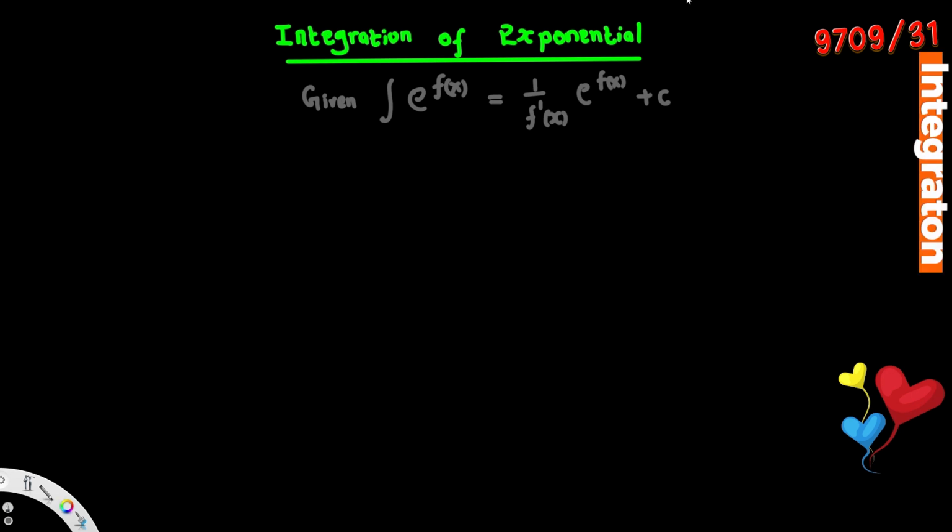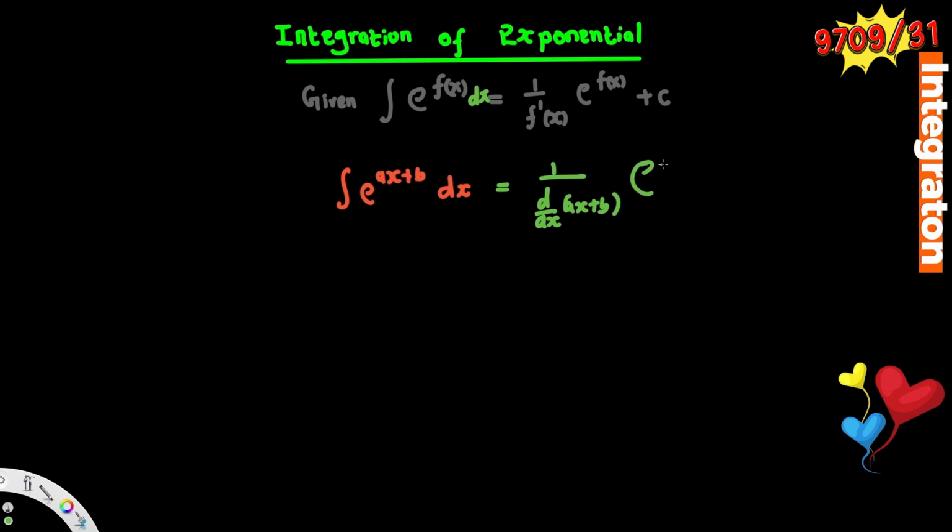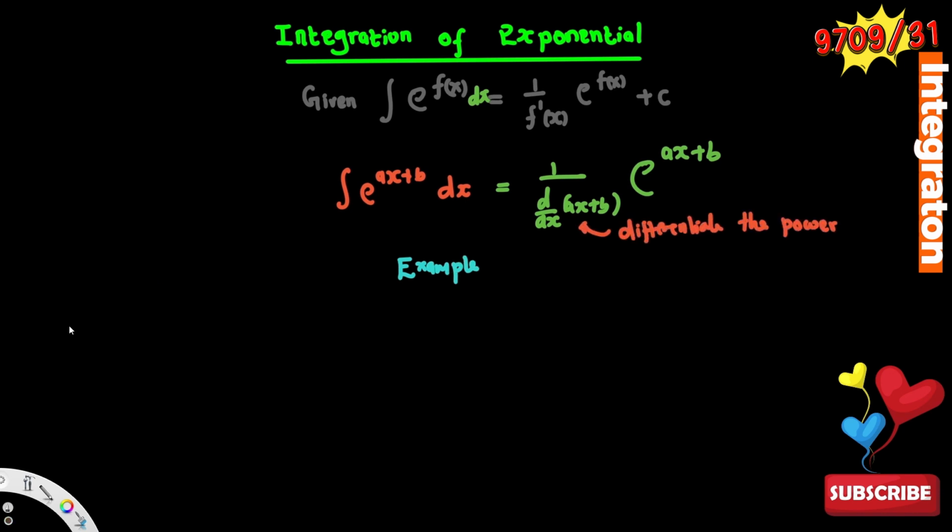We can also simplify this: you have the integral of e raised to the power of ax plus b, and then we find the derivative of the power, and we write the exponential function again, plus c. Let us go ahead and look at examples that can enable us to see how we apply this formula.